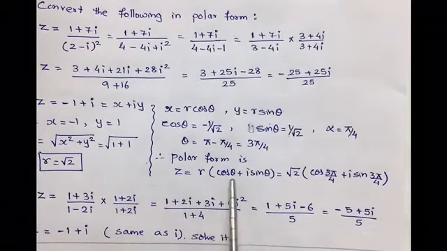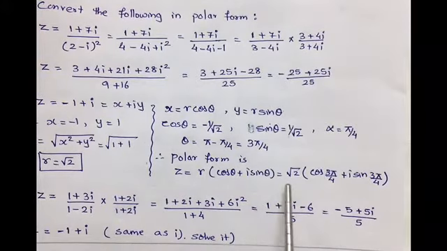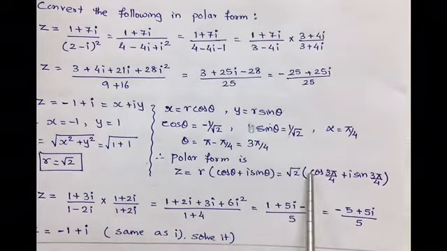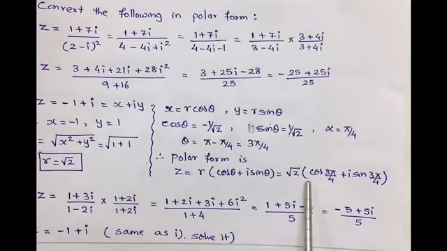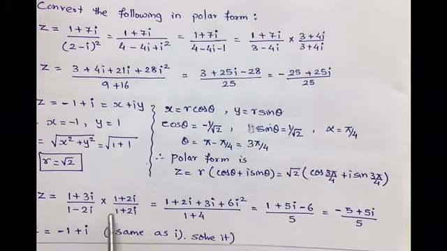Putting in the polar form as z equal to r (cos theta plus i sin theta), in the place of r root 2, in the place of theta 3 pi by 4. This is how the complete polar form is expressed. Now coming to the second example, it is just similar.